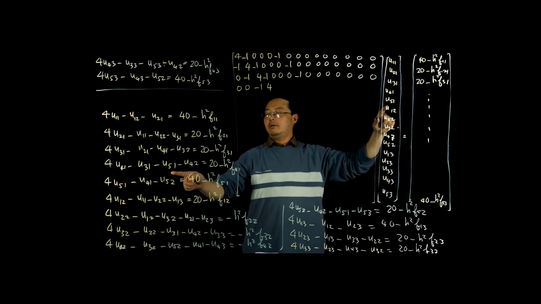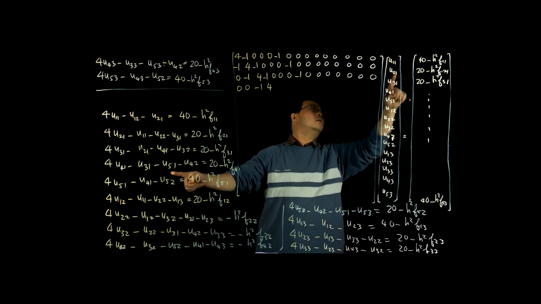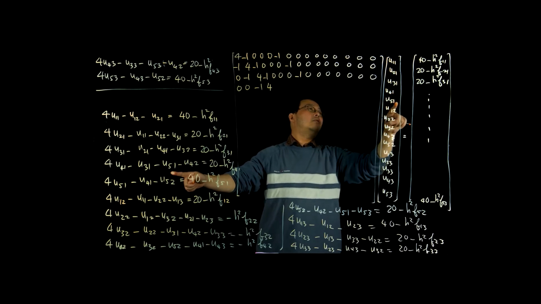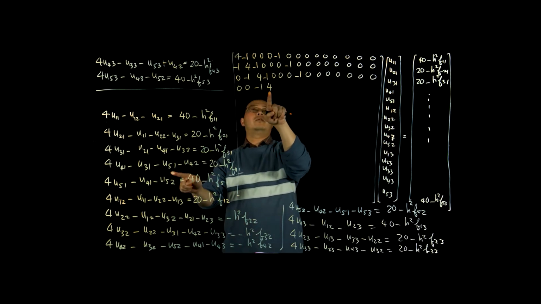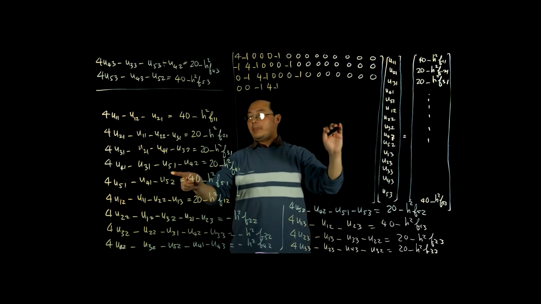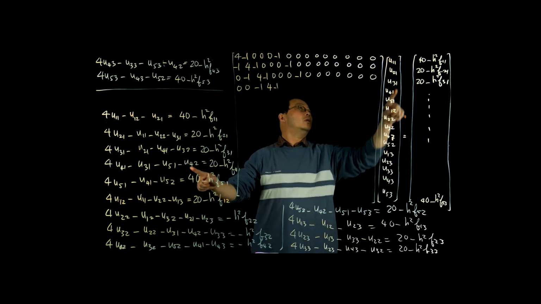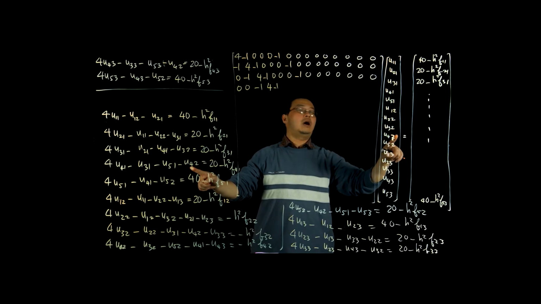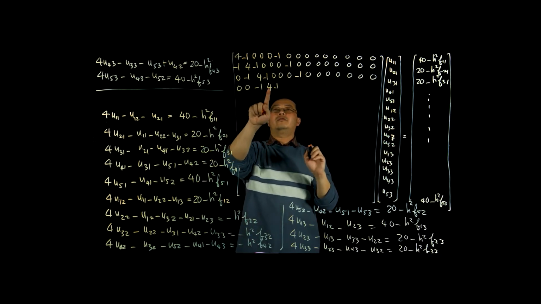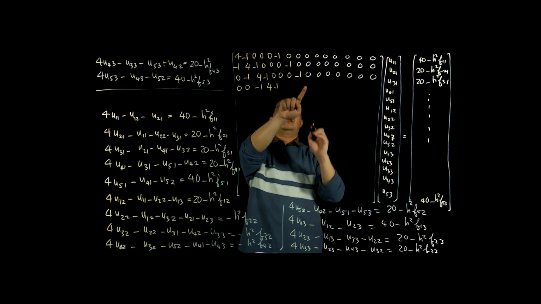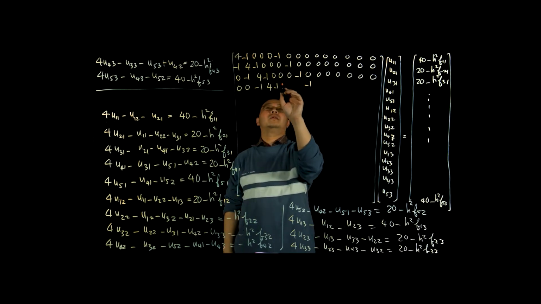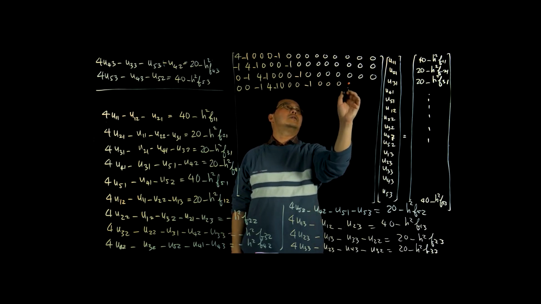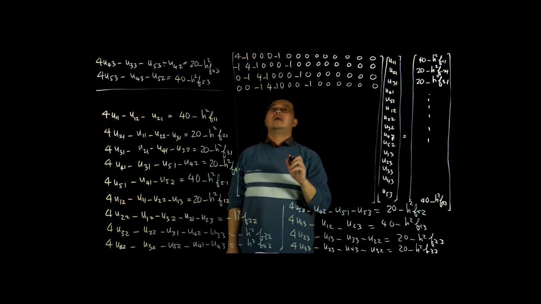And 5, 1, so 1, 2, 3, 4, 5, yeah, and then 4, 2, so 1, 2, 3, 4, 5, 6, 7, 8, 9, so -1 here. So the rest just equals 0, yeah.